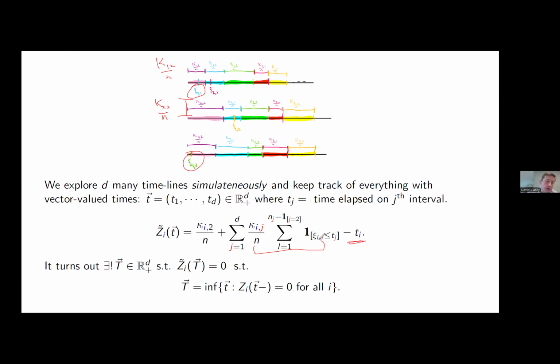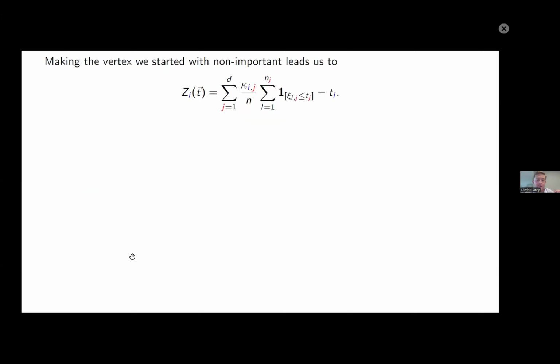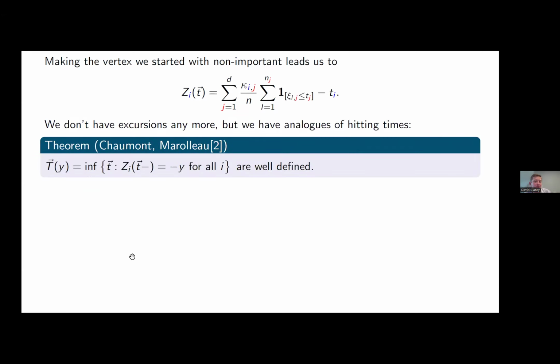And it turns out proving uniqueness and the fact that it's minimal requires slightly more work, but it's still doable. Again, that previous description prioritized the vertex that we started the exploration with. So we just forget that and include everything else.